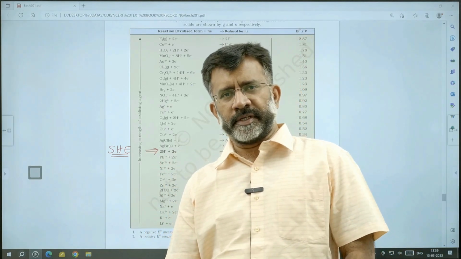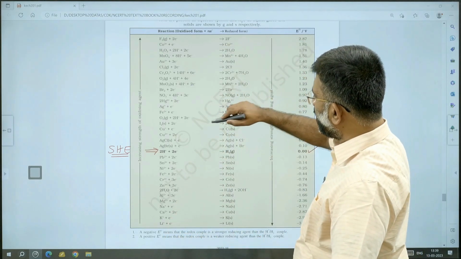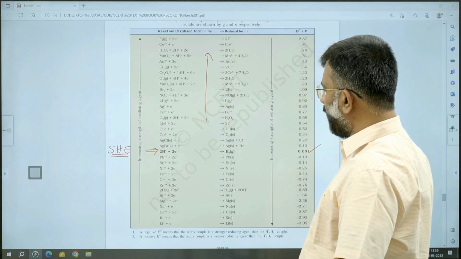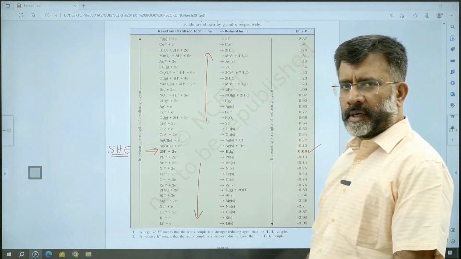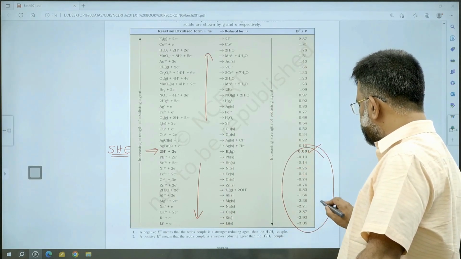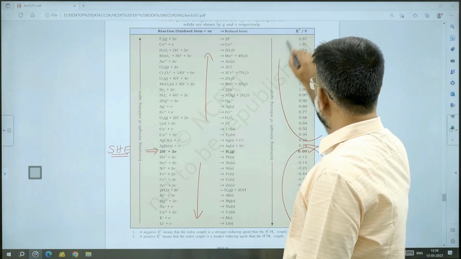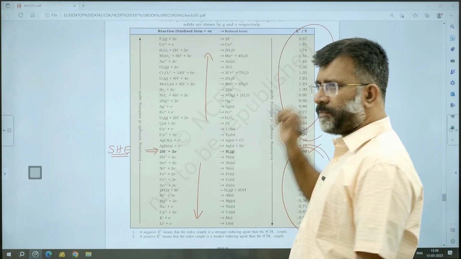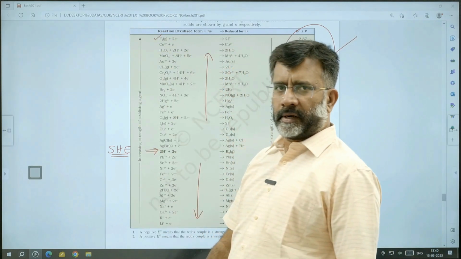Species having a higher reduction tendency are placed on top of this, and those having a lower reduction potential are placed below it. The lower ones have negative data, while the higher ones have positive data.